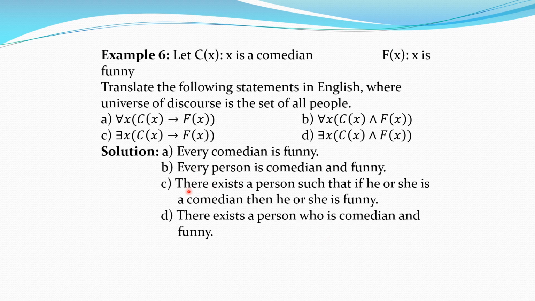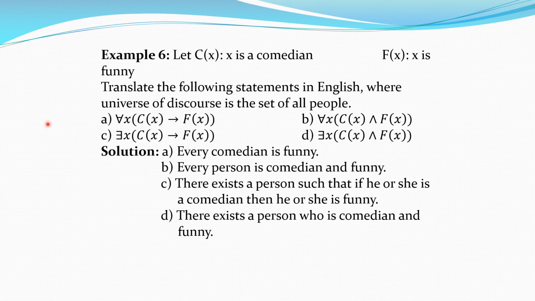Now again, this is the same type of question. So here C(x) is given as x is a comedian and F(x) is given as x is funny. Now the given statements in symbolic form we have to express in English. The universe of discourse is the set of all people. Now see, this is for all x, C(x) implies F(x).